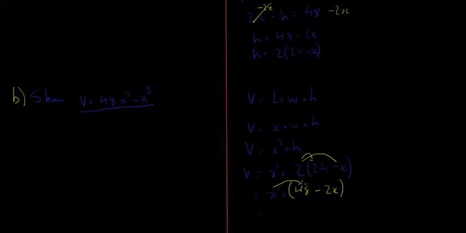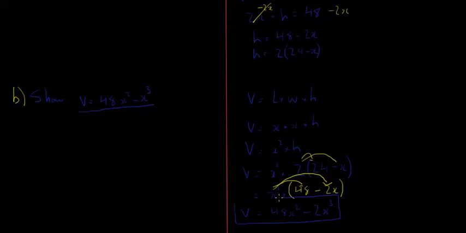So we need to go x squared times 48, which is 48x squared, and then x squared times negative 2x, that'd be negative 2x cubed. And hey presto, we've shown that the volume is equal to this.